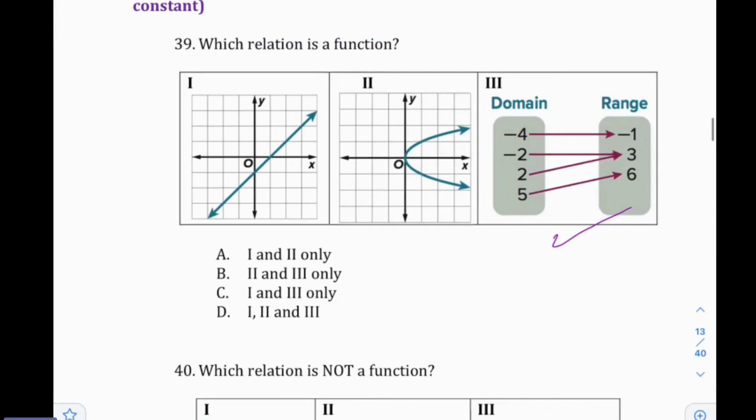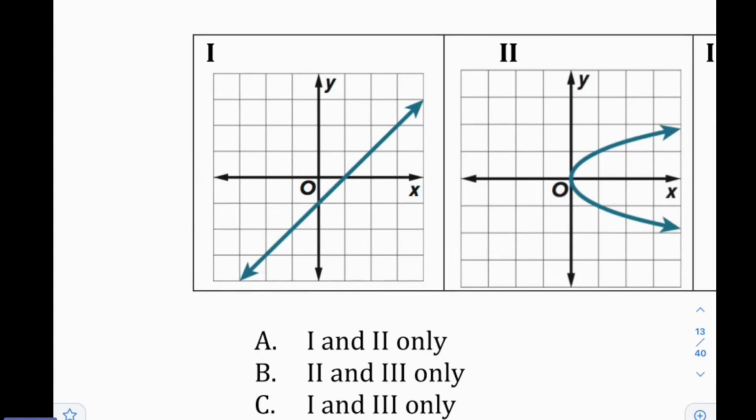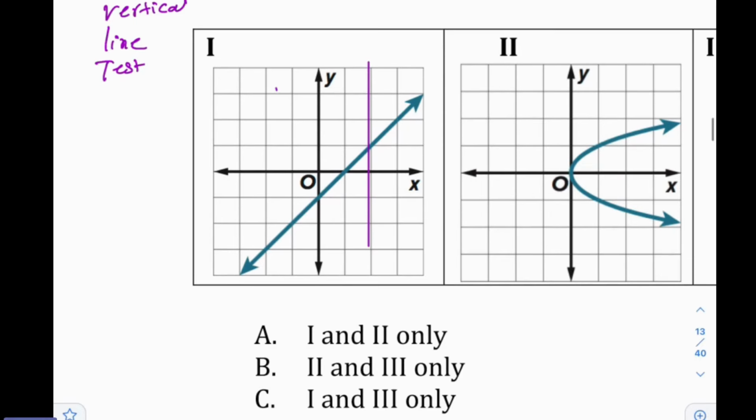Now let's move to graphs. For the graphs, the easiest way to check whether a relation is a function or not is by using the vertical line test. I will pass a vertical line at any point of my choice, anywhere. It should only pass once, with one point of intersection.